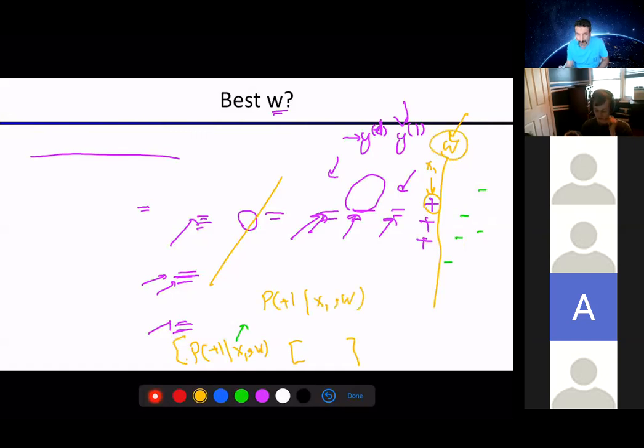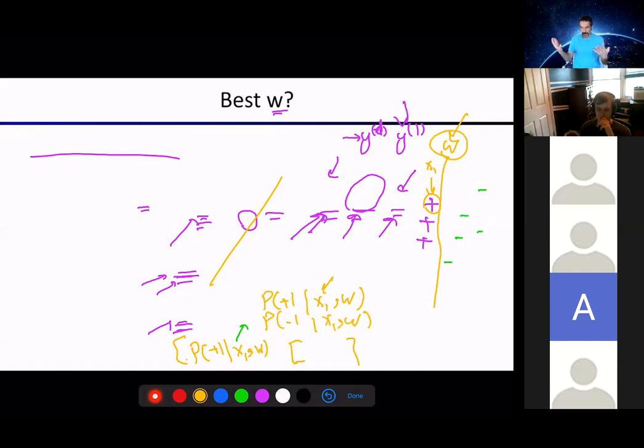Assuming that we know W and X1, we have one probability, and a second probability for -1 given X1 and W. These are the two conditional probability distributions for this particular example X1.